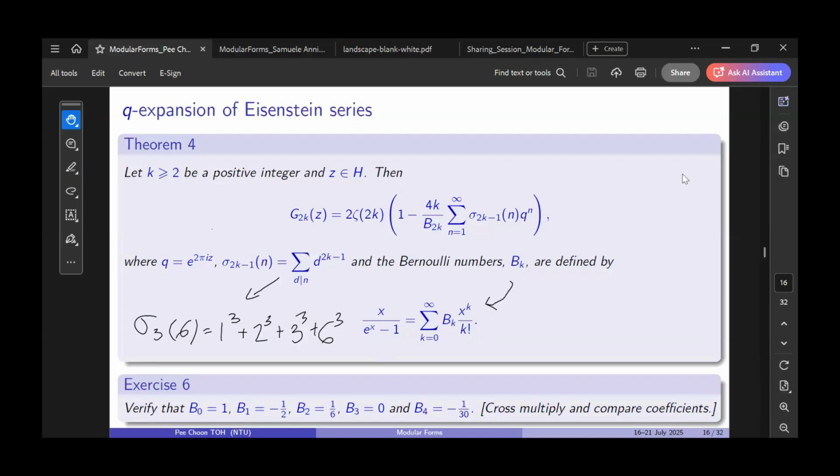So how do we calculate Bernoulli numbers? Obviously, we can use the help of calculating software, but we can try to verify the first few Bernoulli numbers manually.